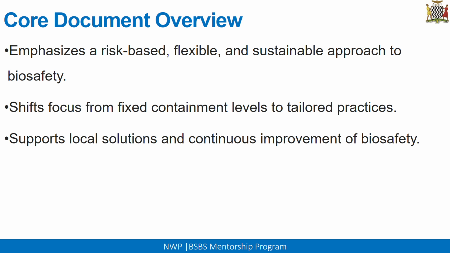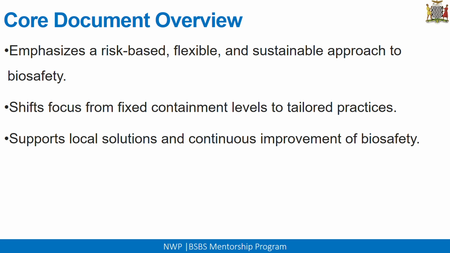Then, of course, there's a shift in focus from fixed containment levels to tailored practices. There were fixed containment levels described in the other editions, where the containment levels were basically placed into four biosafety levels: biosafety level 1, 2, 3, and 4.